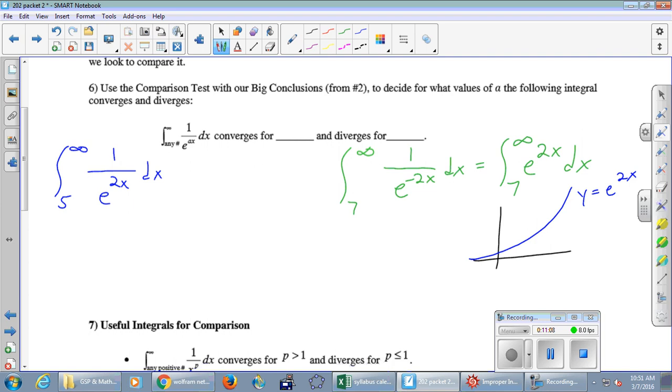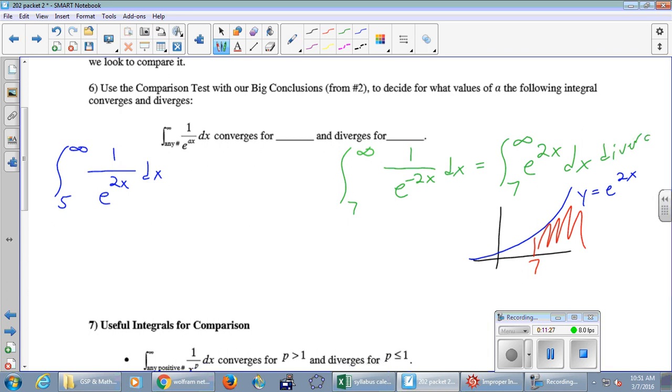And if you want to find the area underneath this graph from 7 to infinity, what is it? It's infinite. Like it's super infinite, right? I mean, e to the x by itself goes up to infinity. And so this one right here for sure diverges. And I mean it diverges hard, right? That's not a mathematically defined thing, but there's no question.